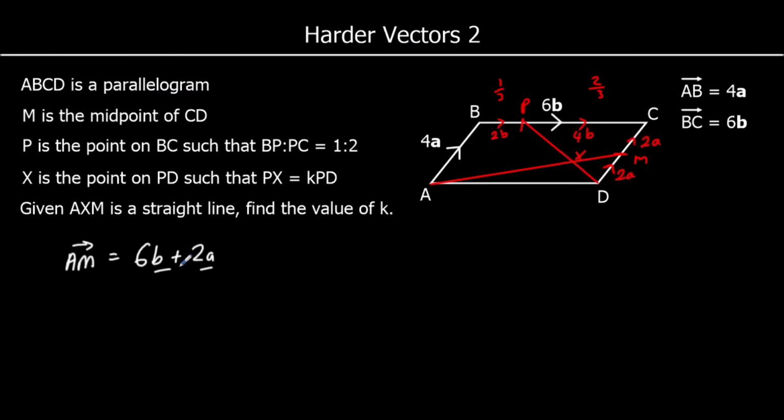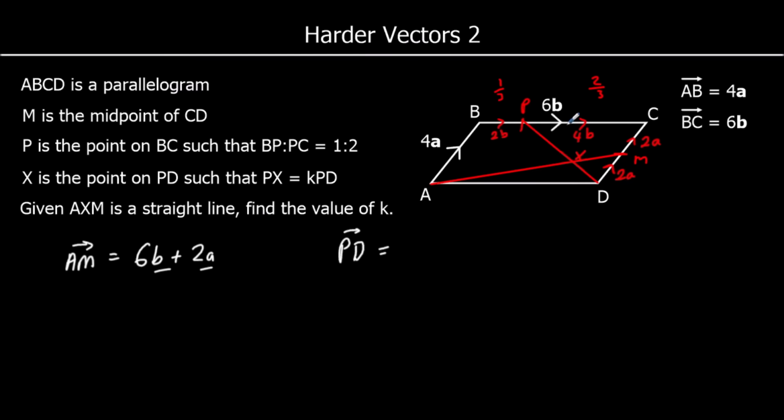Now A to X, we need to use k. So P to X is k times P to D. So we need to go P to D. So if we do P to D, and then we can say P to X is k times that.